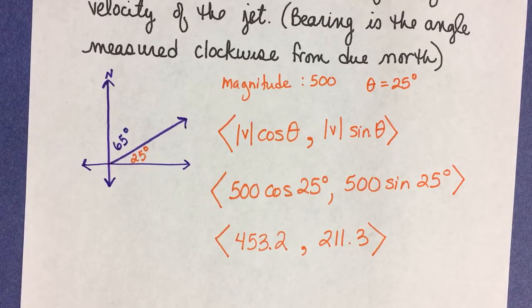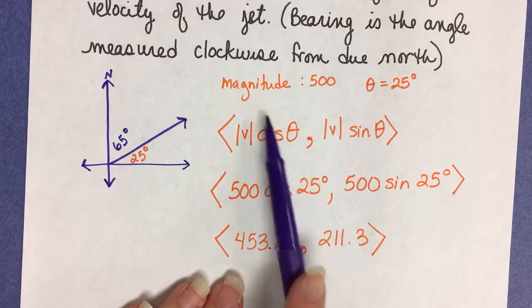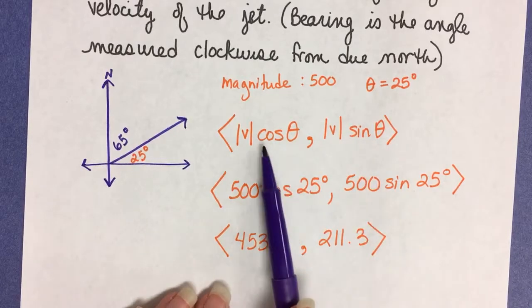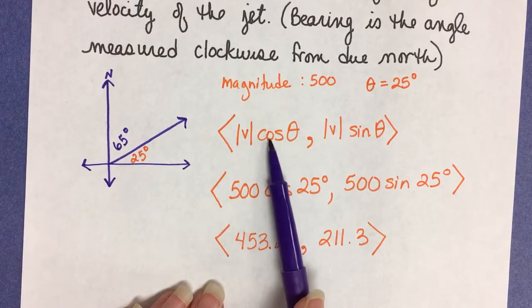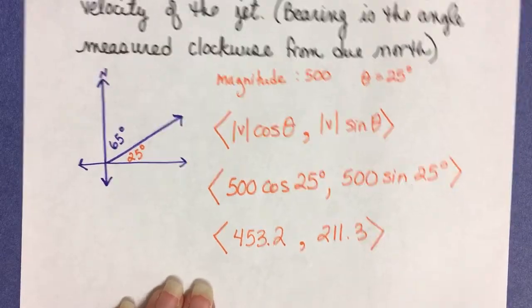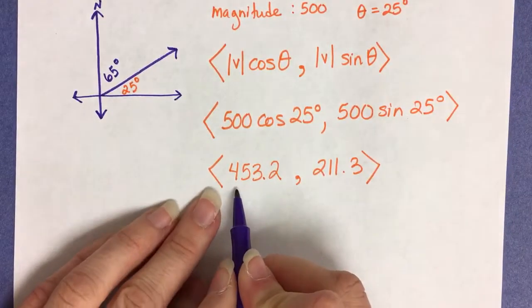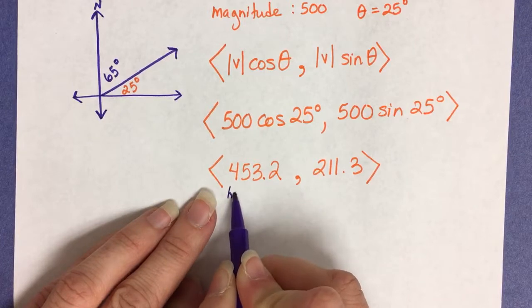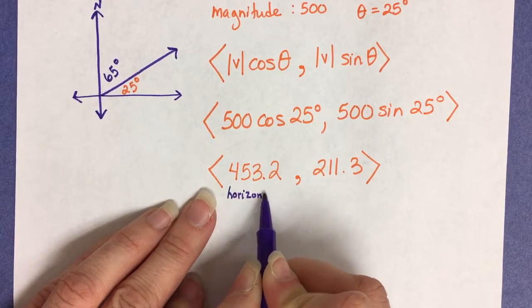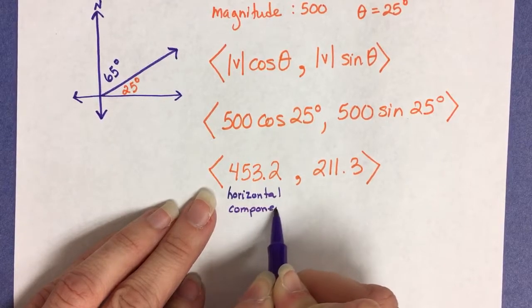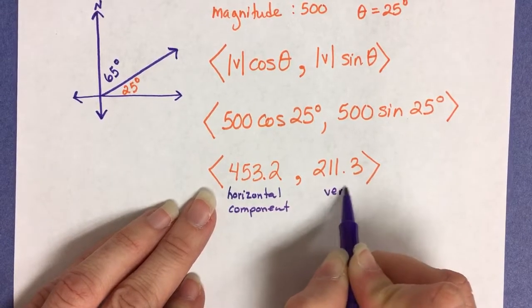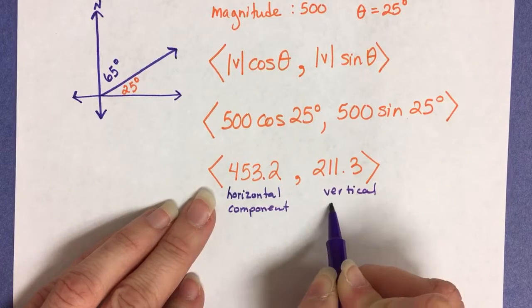Now, what do these numbers actually mean? If you remember back earlier when I first gave you this, this part is the horizontal component, and this is the vertical component.